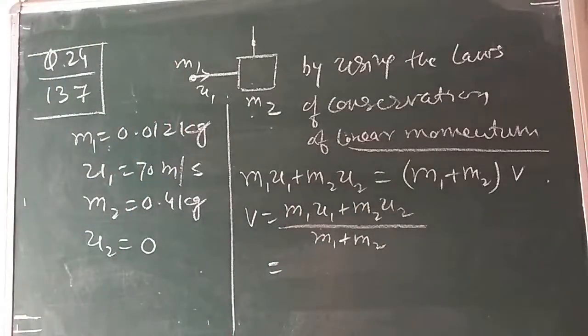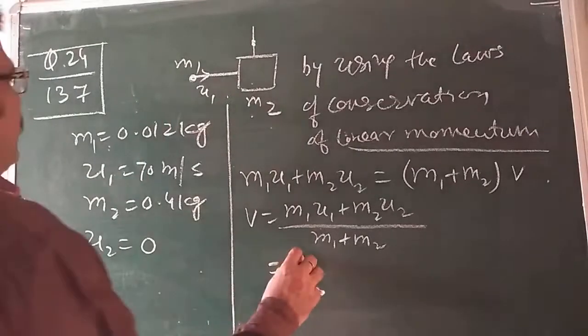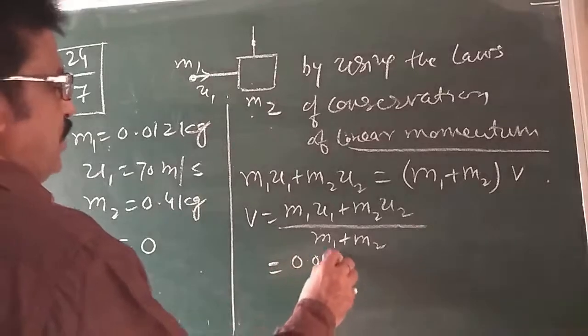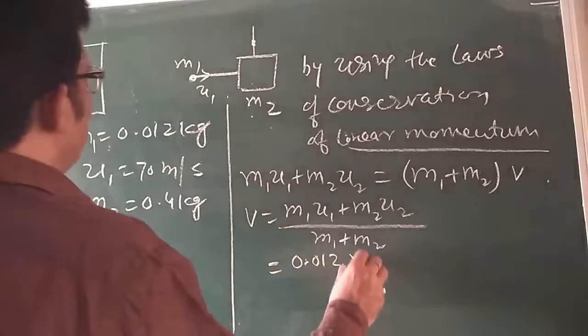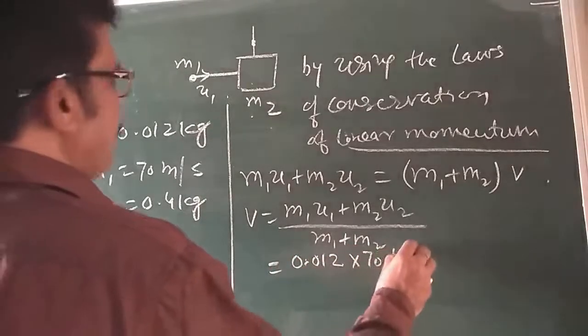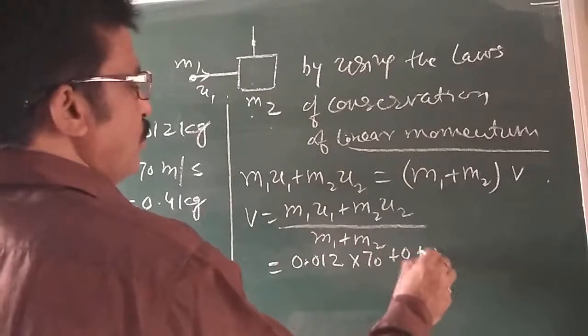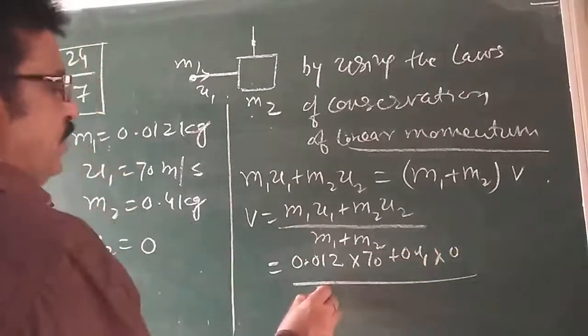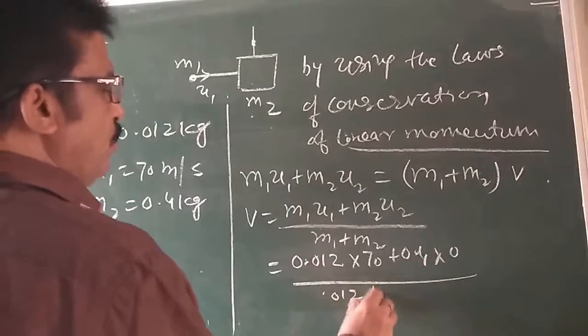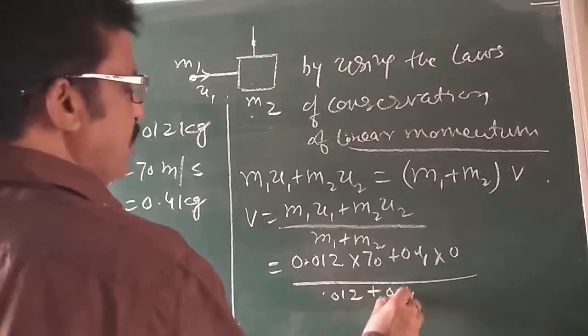Put all the values, you have all the values. m1 is 0.012, u1 is 70, m2 is 0.4, velocity 0, divided by 0.012 plus 0.4 here.